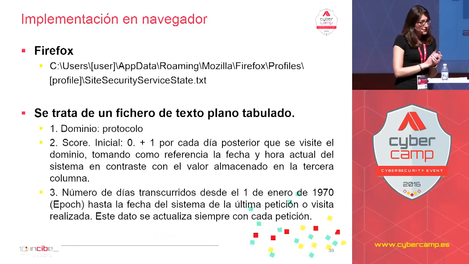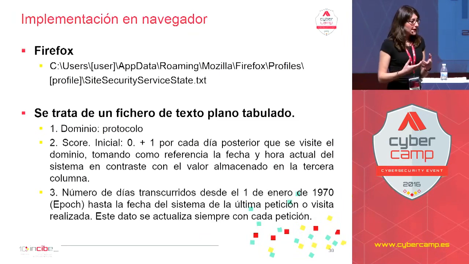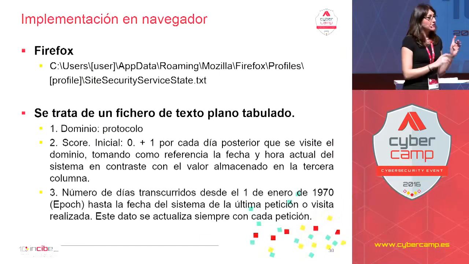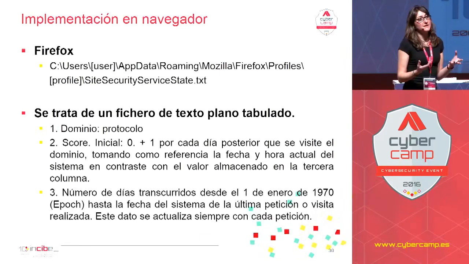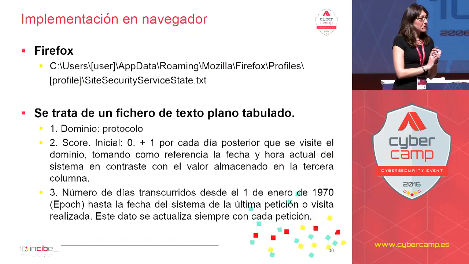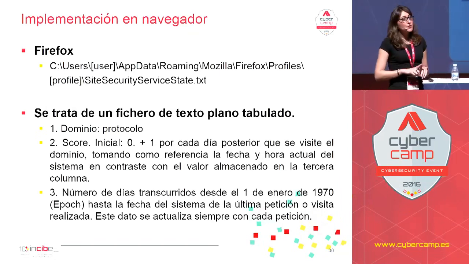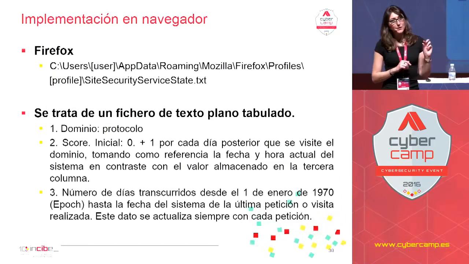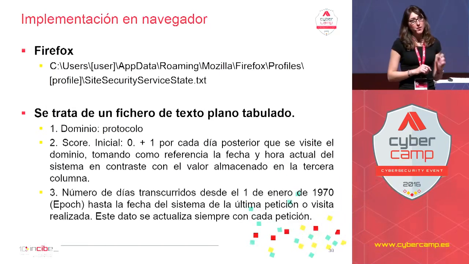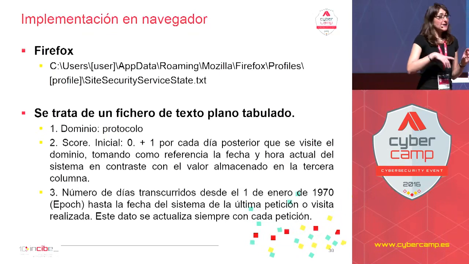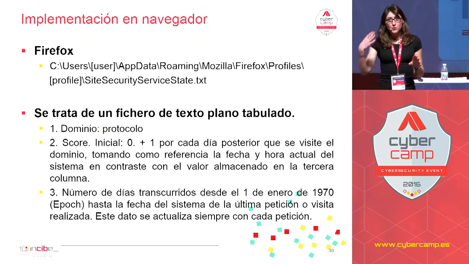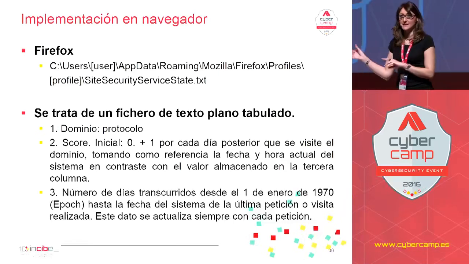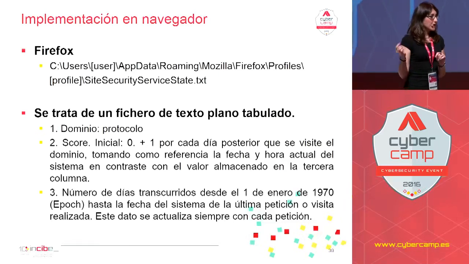As I've said, for Firefox, there is a plain text table file with different fields, one of which specifies domain and protocol. Secondly, we have a score. This field has a starting value of 0, and from there we increase it one by one for each successive day that the domain is visited.